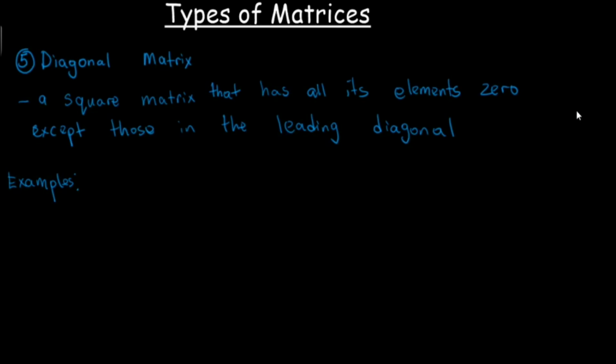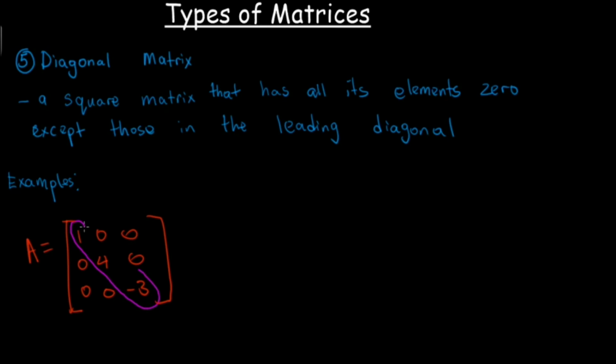The fifth one that we're looking at is a diagonal matrix. It's a square matrix that has all its elements being 0 except those in the leading diagonal. So this would be an example of a diagonal matrix. This is called the leading diagonal: the elements from the top left to the bottom right.